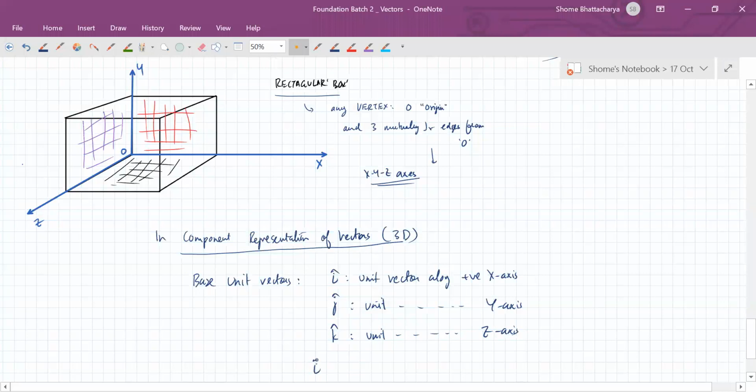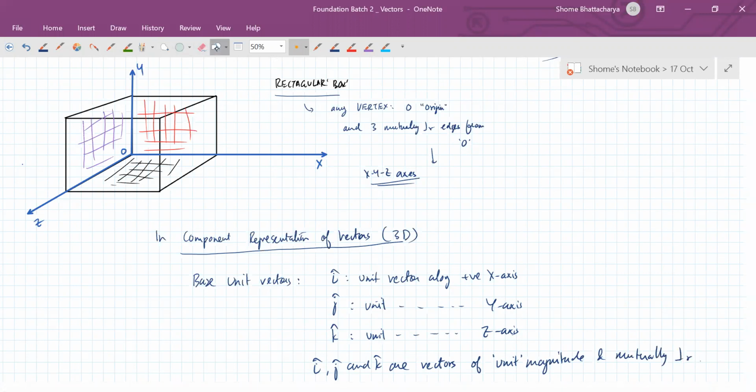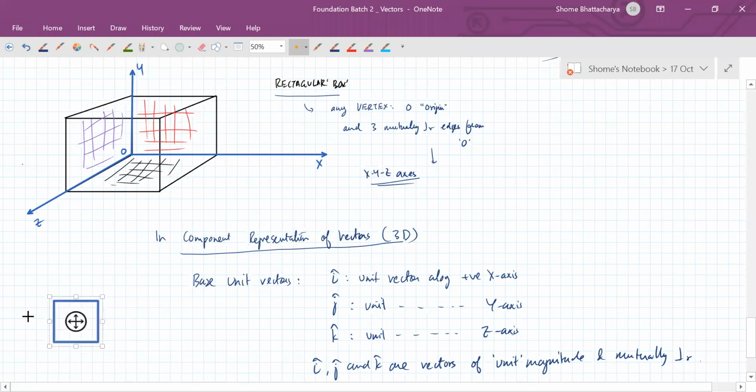Okay, so i cap, j cap and k cap are vectors of unit magnitude or magnitude equal to 1, okay, and mutually perpendicular. So now you can visualize i cap, j cap and k cap like the three edges of a cube of unit dimension or length unity on all the sides.